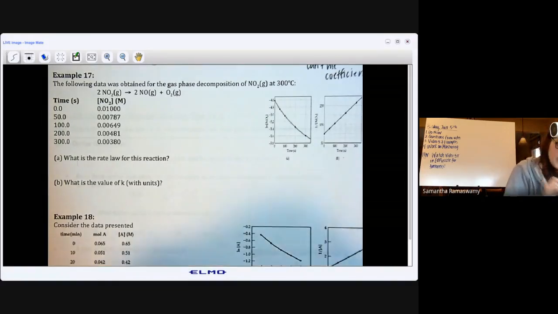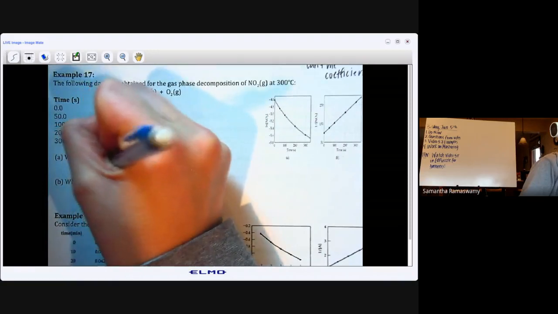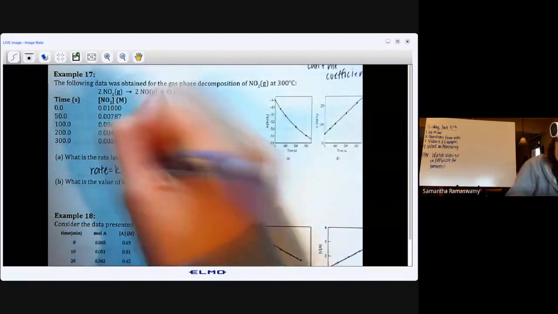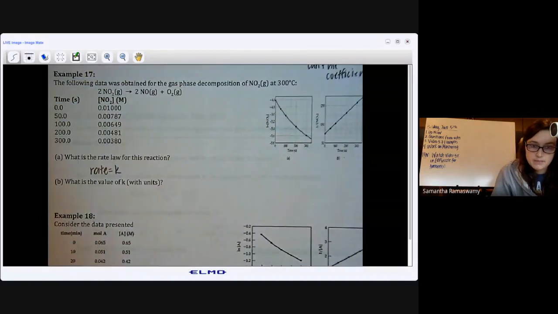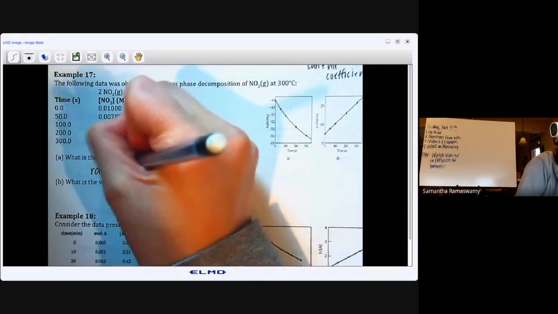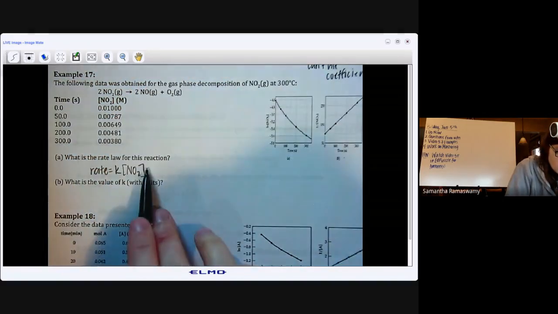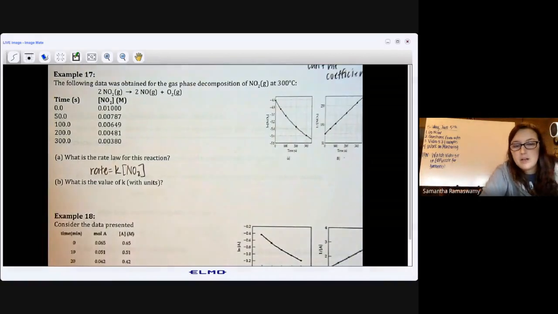So the rate law, remember, is rate equals K times the concentration of your reactants. I know that my reactant is NO2, but I need to figure out what the exponent is going to be. I need to figure out the order.